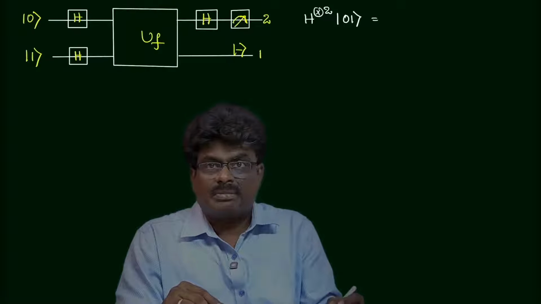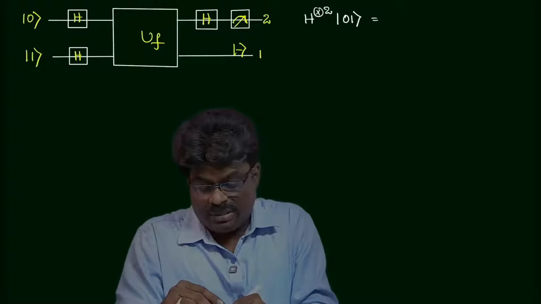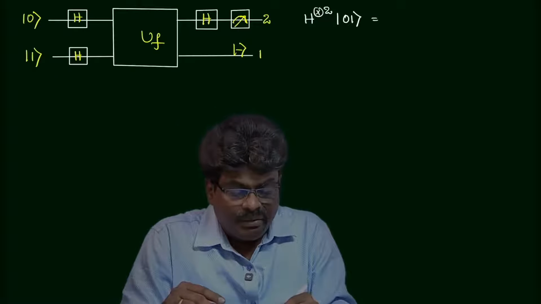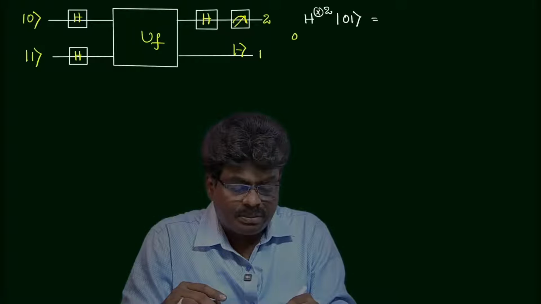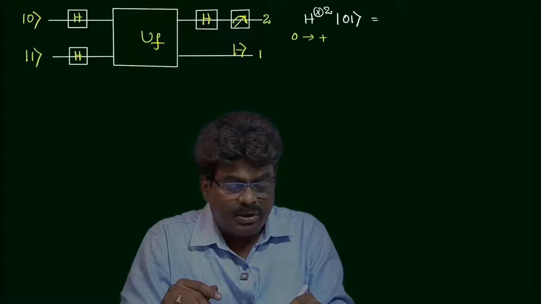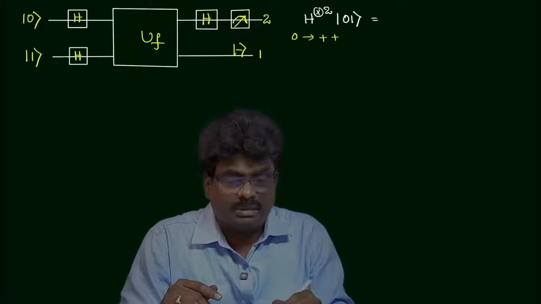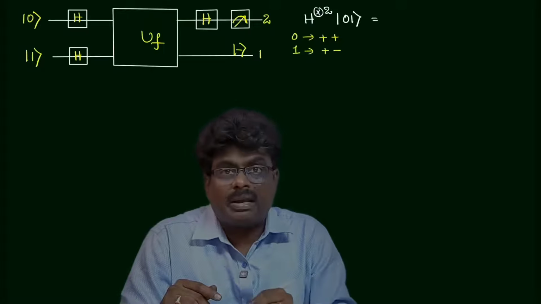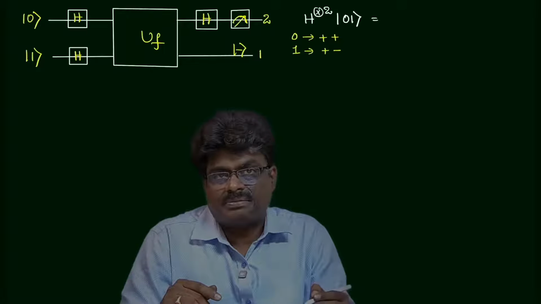So this is LSB, always I will take the bottom one as LSB. Whenever you have 0 as the starting LSB, then you have to start with plus plus, double plus, and if you have 1, you have to start with plus minus.